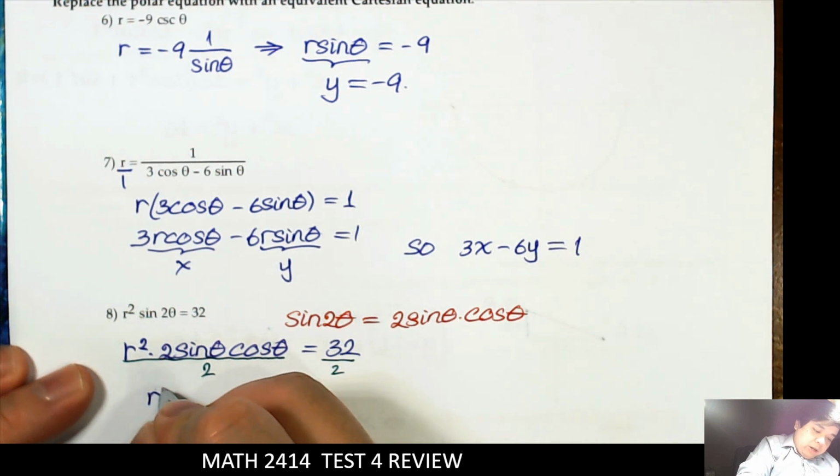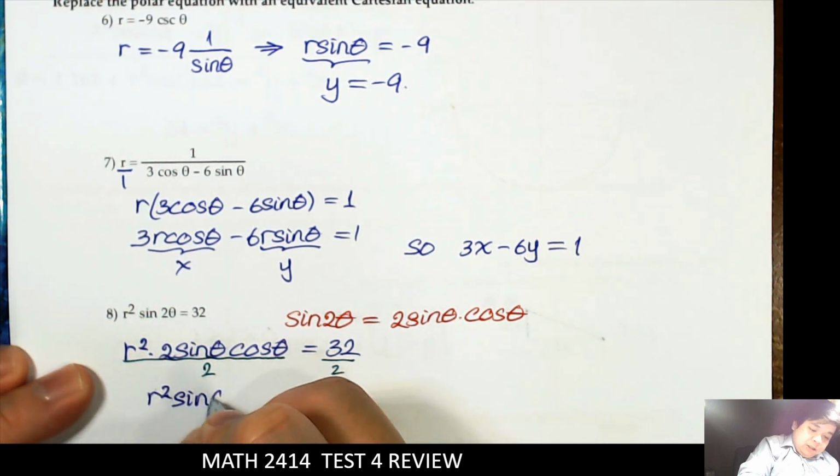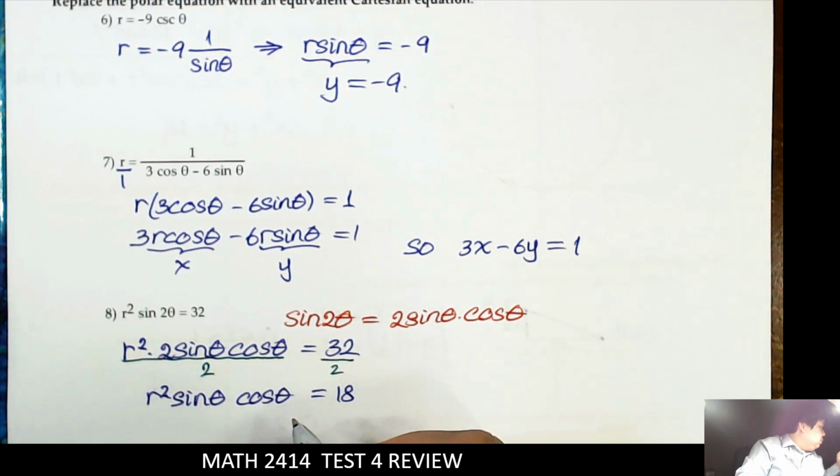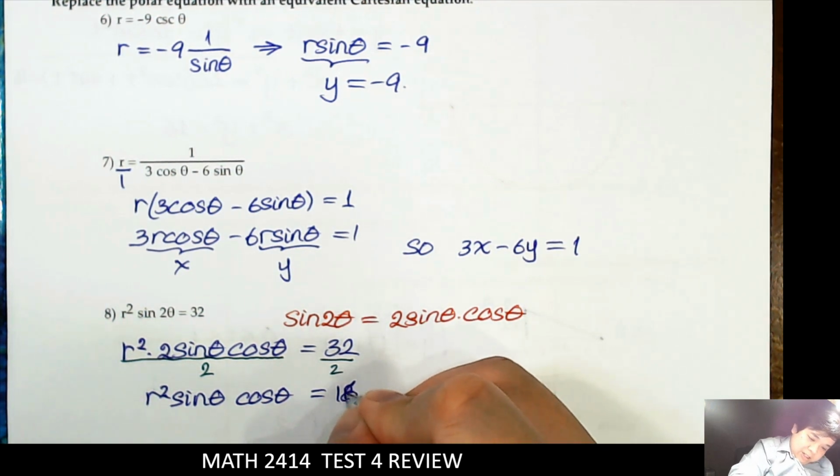So we have r squared sine theta cosine theta equal to 16.